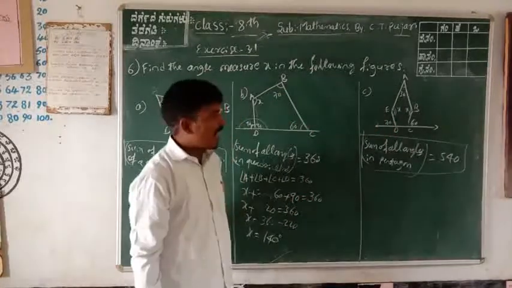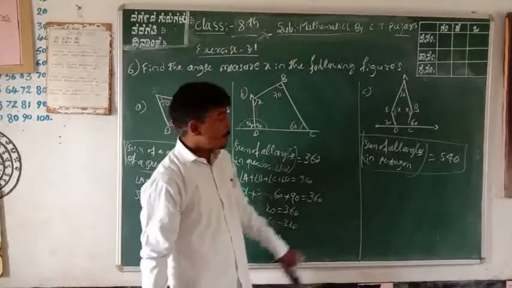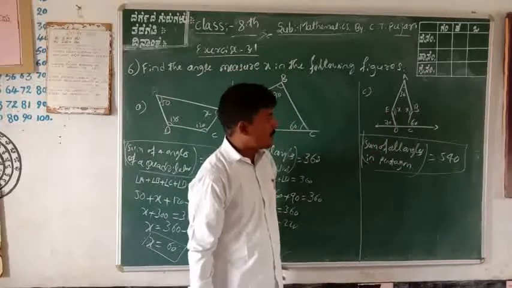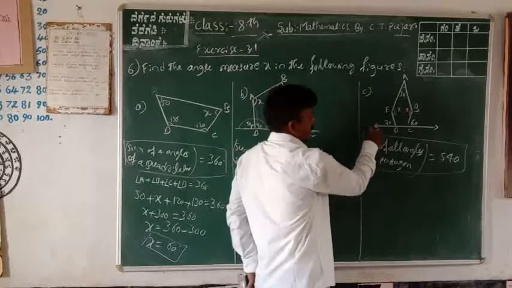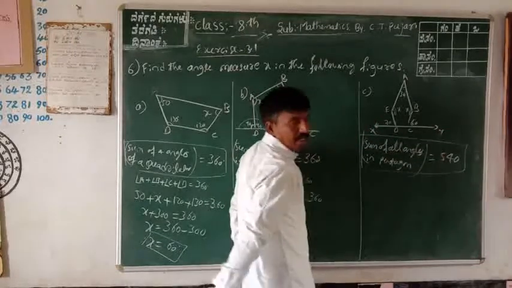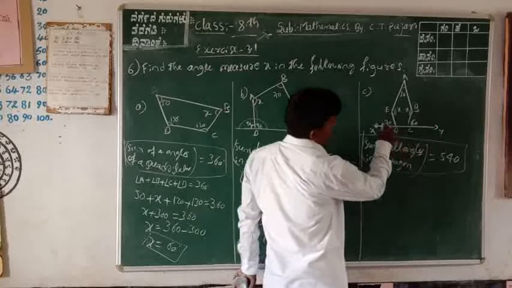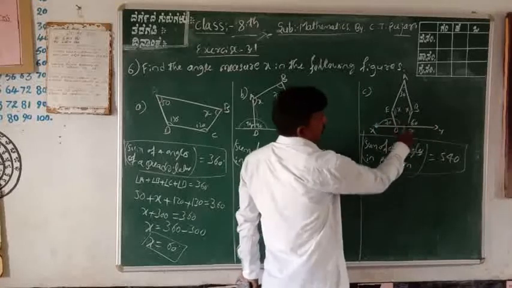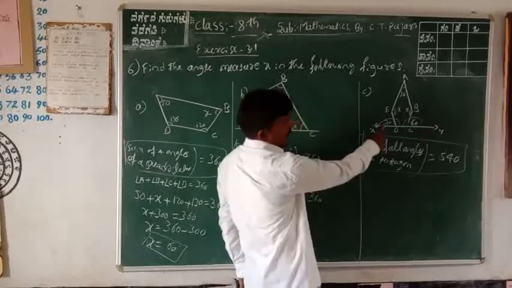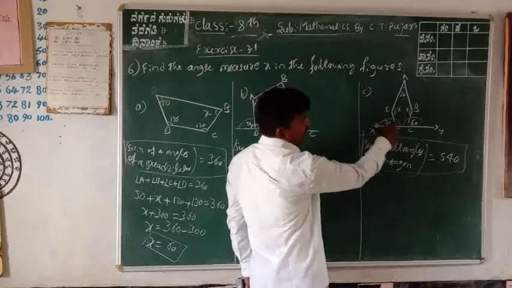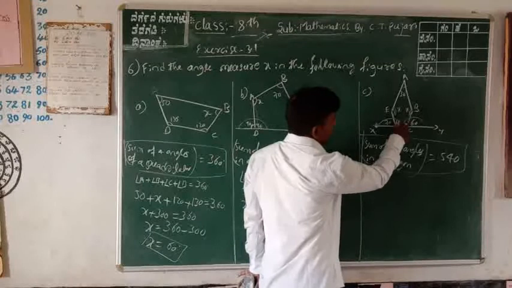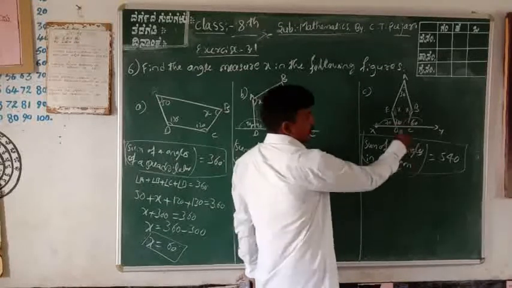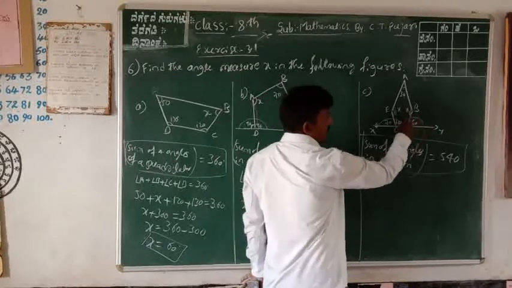Next, before you put in all the angles, you can study linear pairs of angles. Linear pair means x and y form a straight angle. In the given straight angle, these two are a linear pair.